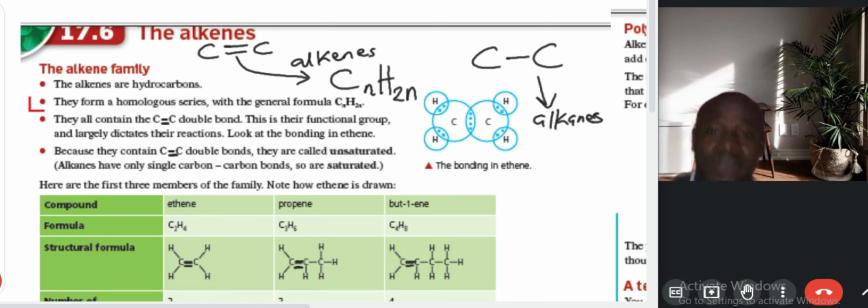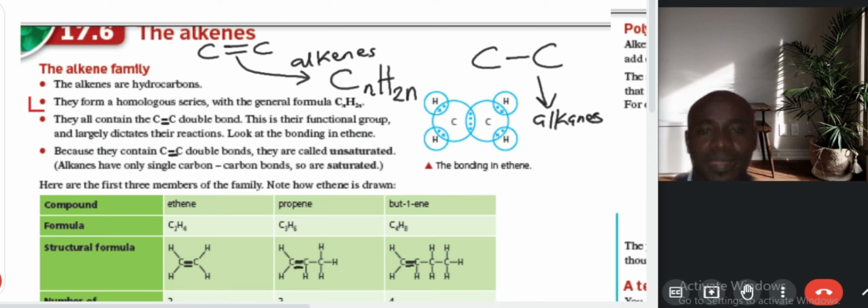In fact, they are more reactive. Unsaturated hydrocarbons are more reactive than saturated hydrocarbons because they can form other substances like plastics, pens, shampoos, and what have you.